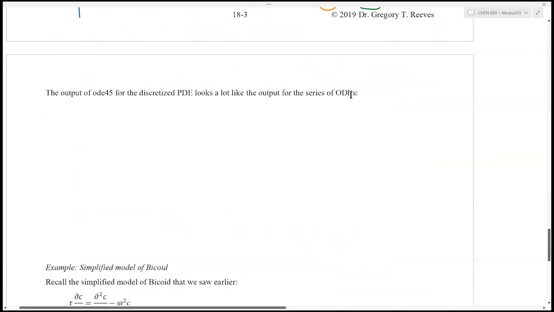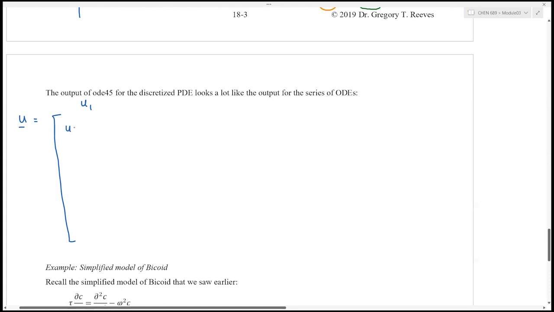The final thing I'm going to say before we get to our example is that the output of ODE45 is going to be some matrix U, which looks like the following. The first column of matrix U is what U is doing at point x equals a, or x1, over time.